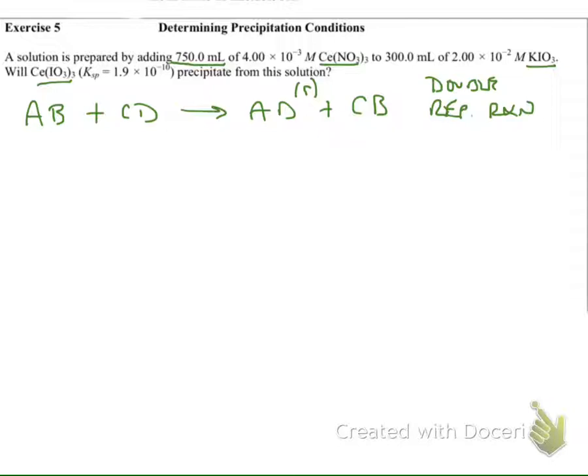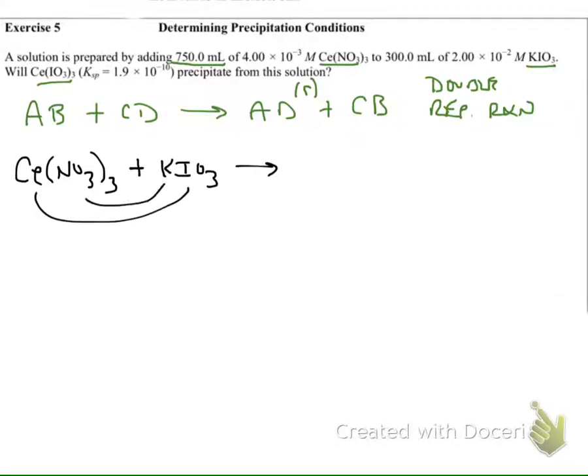We first have Ce(NO3)3 plus KIO3. We take our outsides, join them together, and our insides. Ce(IO3)3, because the charge on our cerium was +3, plus insides, KNO3.